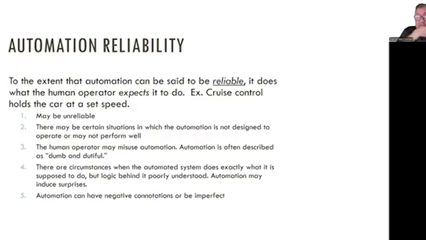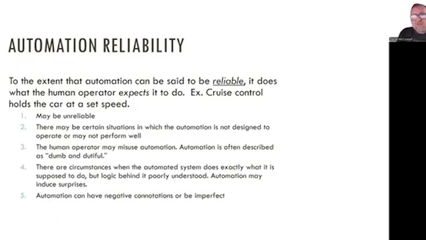This happens a lot with people who have those lane assist and brake assist features on their car, is they might try to treat that as a self-driving car that could just take over the act of driving. And so then they just turn all of those features on, and then they lay back and go to sleep and then crash. So that's a situation where a person is using the automation in a situation that it was not really designed to do that necessarily.